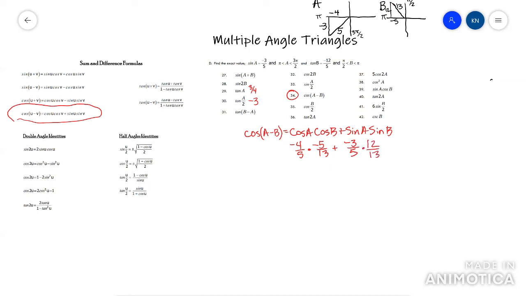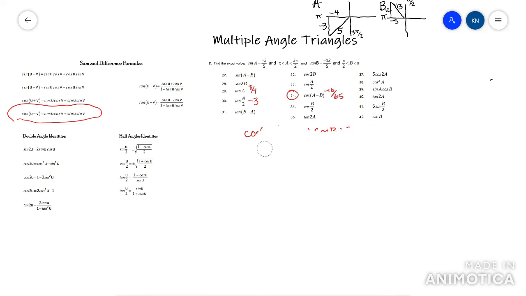And then you just got to go work it out. So this first one will make 20 over 65. I know I could reduce that, but I'm not going to yet. The second one would make -36 over 65. And so you end up just getting negative 16 over 65. And you would be done there. So it's really not that bad.